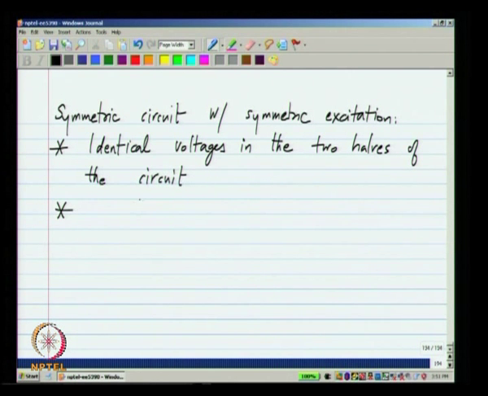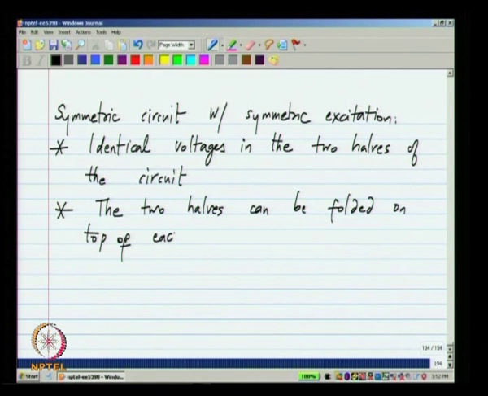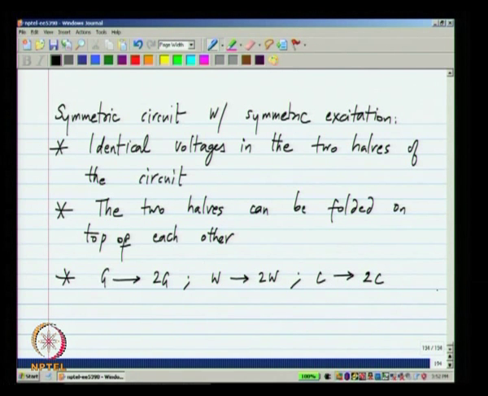So, this means that basically the two halves can be folded on top of each other. So, this means that all conductances will be doubled, all MOSFET widths will be doubled, all capacitances will be doubled. The capacitances which are repeated on both sides, the MOSFETs which are repeated on both sides, and so on. And similarly, the inductances will become half, and resistances will become half, and so on.